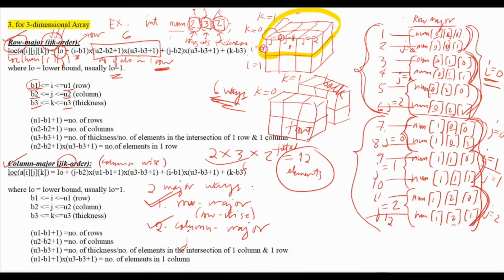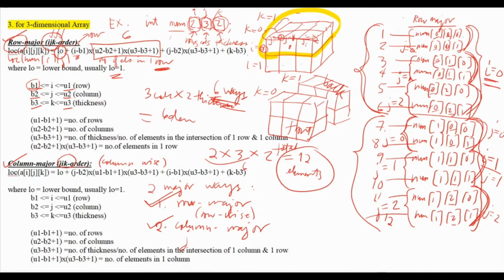But how do we get 6? It would be 3 times 2, right? 1, 2, 3, 3 columns times 1, 2 thickness. 2 thickness. So that is 6 elements, right? That is 1, 2, 3 times 1, 2. 3 times 2.